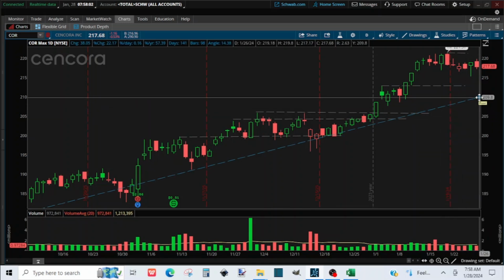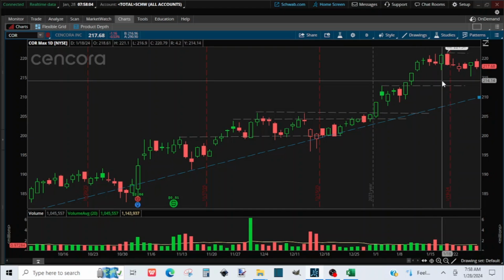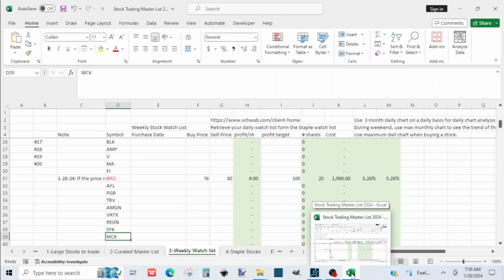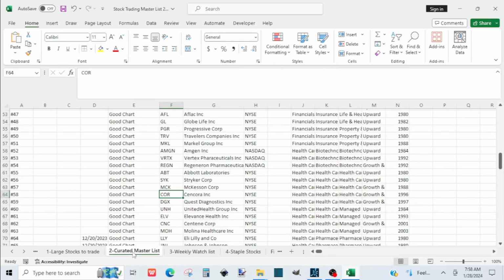So I focus on the upward trend, and the curated list that I have is mainly from them, and the curated list has more of those charts.